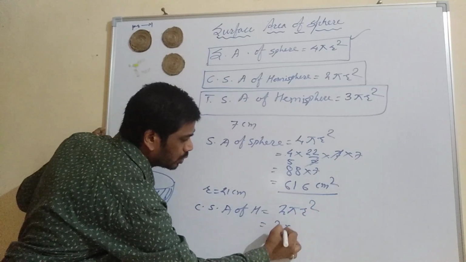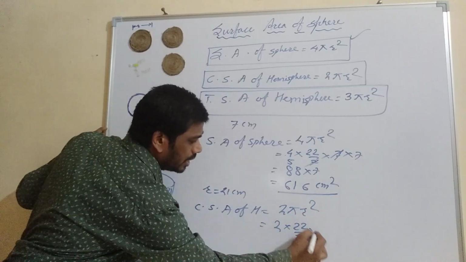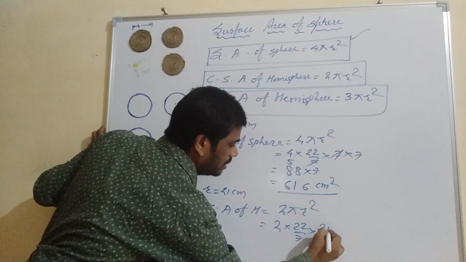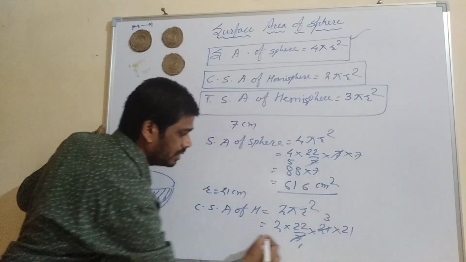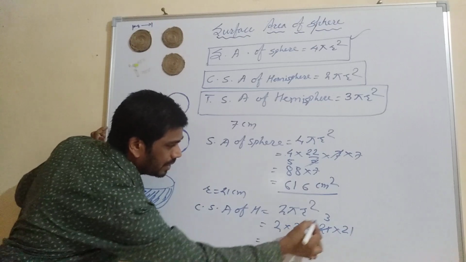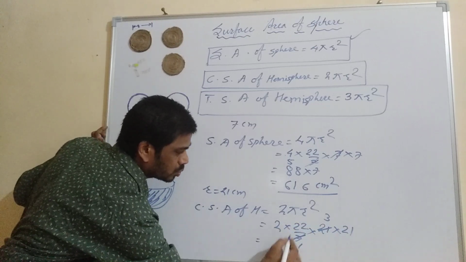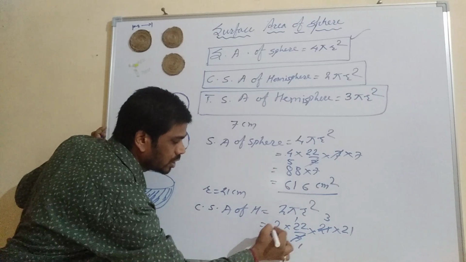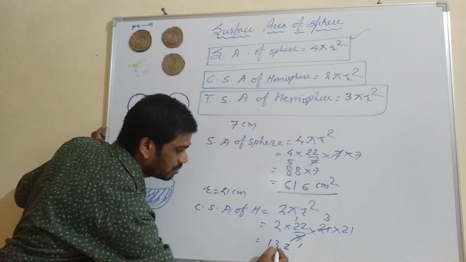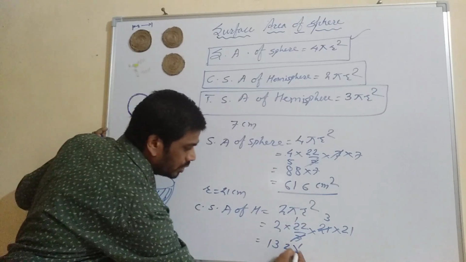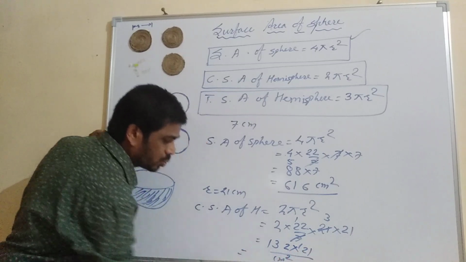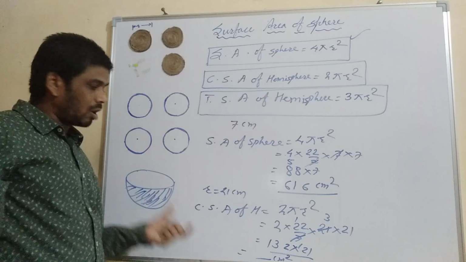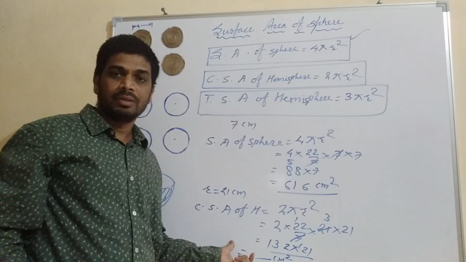So 2 into 22 upon 7 into 21 into 21. 7 1s are 7, 7 3s are 21. We can multiply: 3 2s are 6, 6 2s are 12, 2 carry over 1. 6 2s are 12 plus 1 is 13. 132. 132 into 21, whatever product we get, that will be in centimeter square, the curved surface area of a hemisphere.